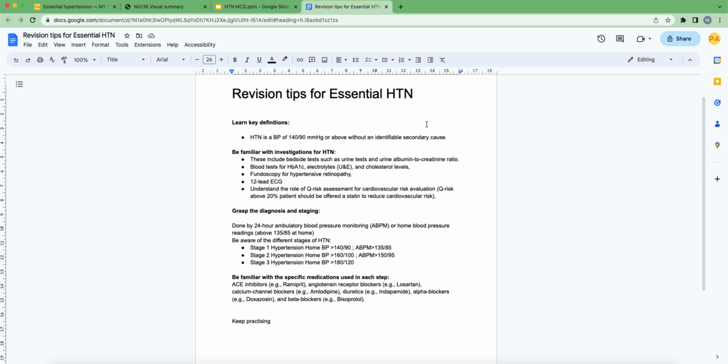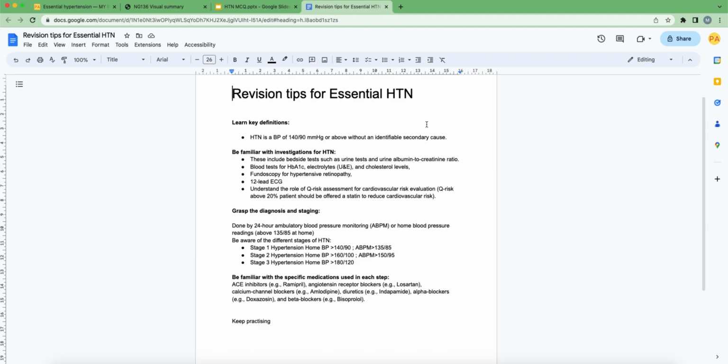And again, be familiar with the medications that are used for the treatment of hypertension. I'm just going to go through them again. Your ACE inhibitor is always your ramipril. There are different ones, but at the national, the common one is ramipril. Your ARB, which is your losartan. Sometimes it might also be candesartan, but those are the two that tend to occur as a question.